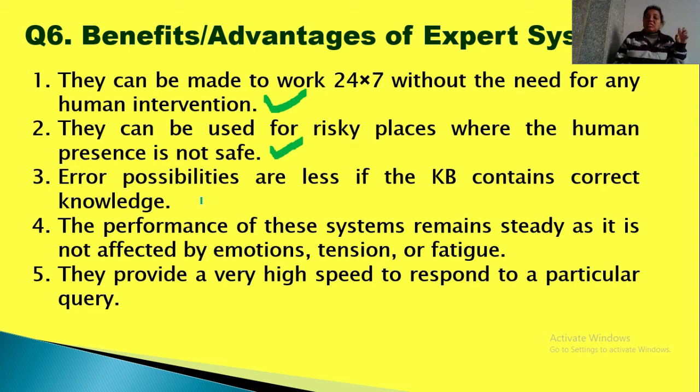So the probability of error in the knowledge base is very low, which gives it a very good performance level. Since it's a machine, unlike a human expert it doesn't get tired, has no emotions, no fatigue. Point number 5, when we talk about how speedily it gives the result of a particular query of an end user, it does so amazingly.